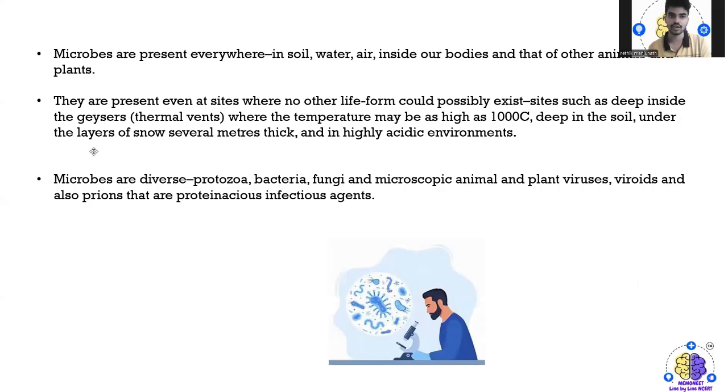For example, microbes are present everywhere in the soil. They have been found in water, air, and also inside our body, and that of other animals as well as plants. Inside our body, in the gut and intestine region, you will find these microorganisms.